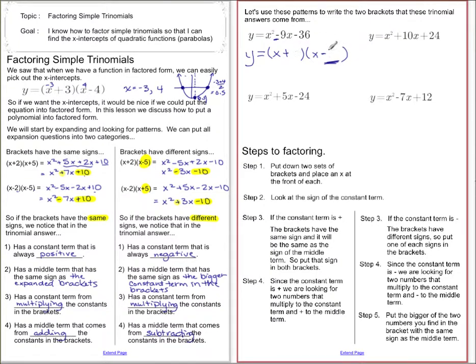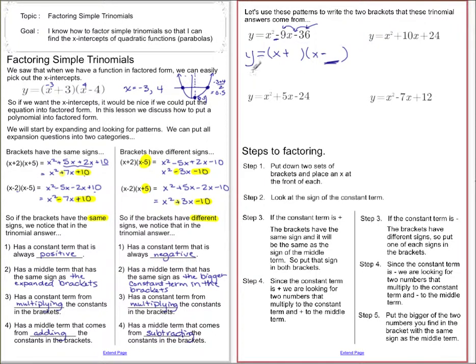So these two things have to multiply to 36, and then let's actually read this backwards. This is just a little hint how to do this. They had to multiply to 36 and subtract to 9. So what multiplies to 36?